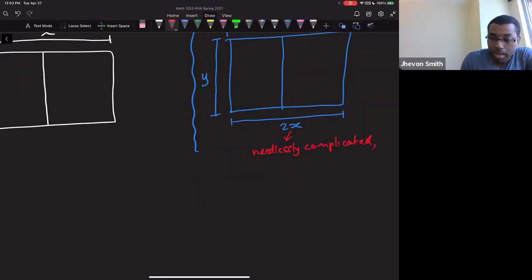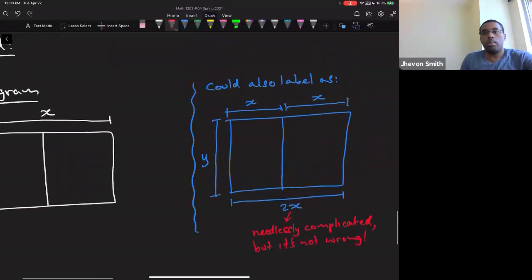But to be fair, it's not wrong. But whenever I give a diagram like this, students tend to think that they have to think of one side of half of the fence as different from the other half of the fence. You don't. So you could do it this way, but of course, my X is going to be actually double your X. But as long as you state the right dimensions, then it won't matter.